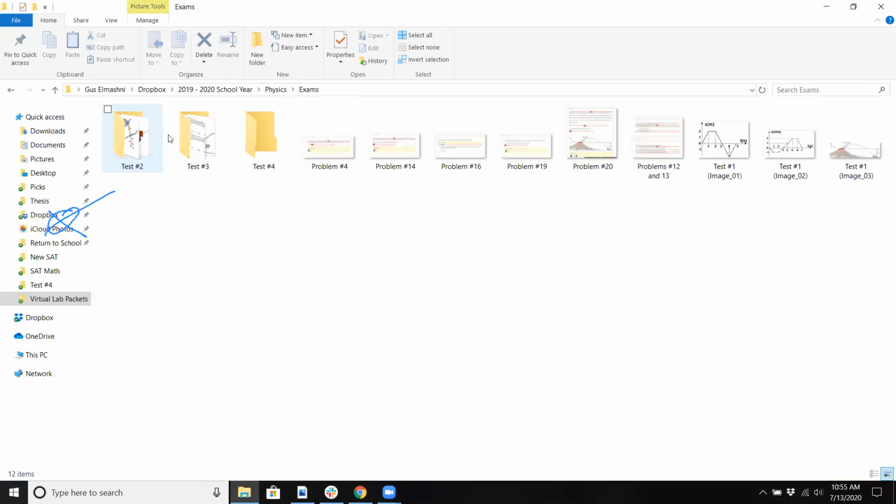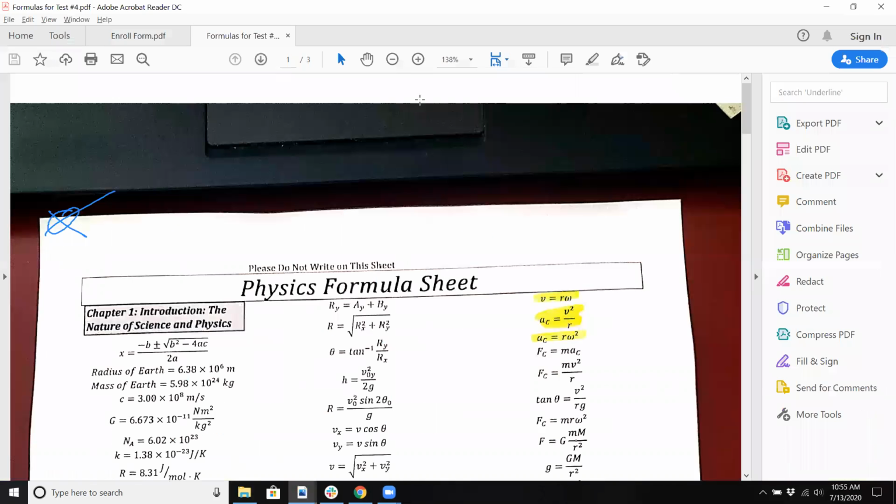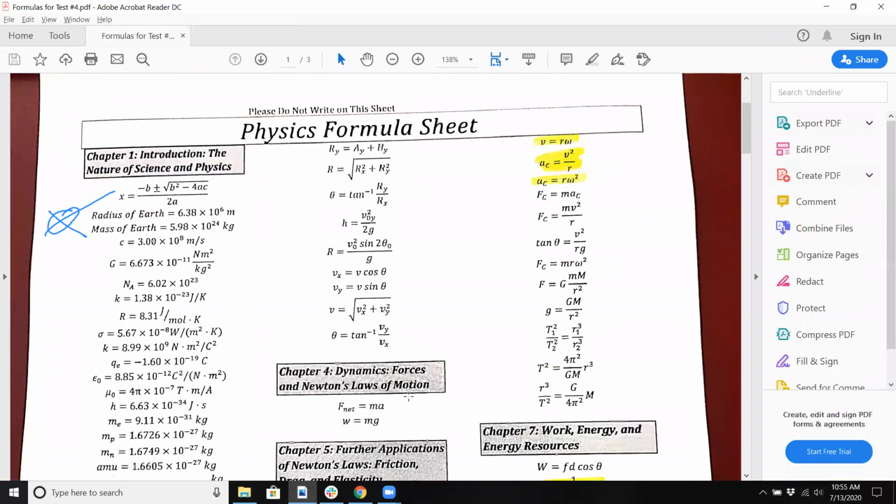Click on exams, test number 4, formulas for test number 4. And you're going to want to use some of these formulas. So again, we know acceleration is v squared over r, and v is r omega, and acceleration is also r omega squared. If you use that, you should have enough information to figure out this problem.